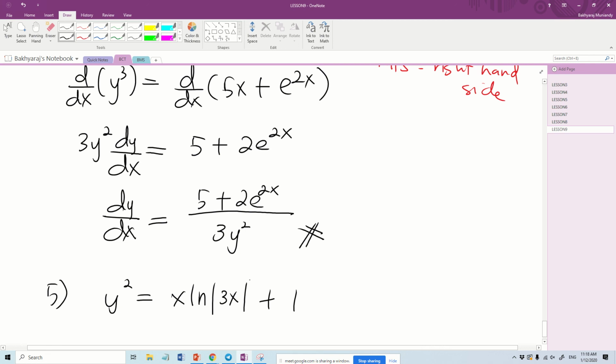I want to find the dy dx using the implicit function. Saya nak selesai ni guna implicit function. So this time, of course, y square you can differentiate here, and of course x log 3x plus 1 you can differentiate here. So you have left side, you get right side.